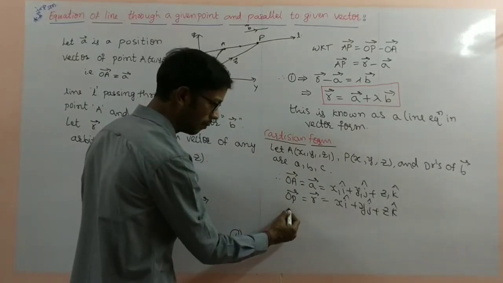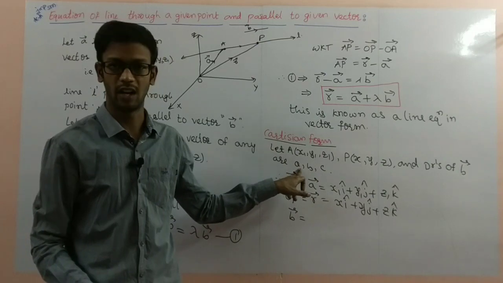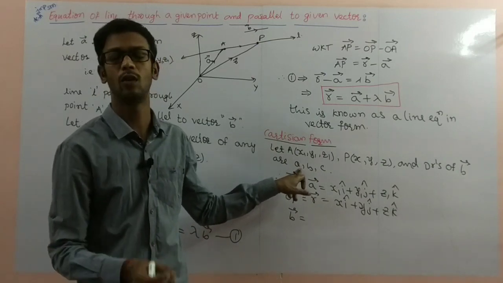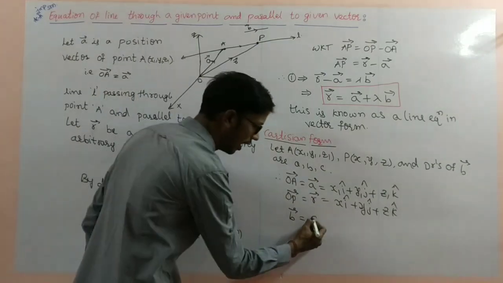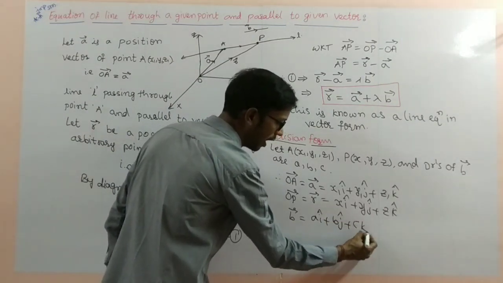Next, vector B bar, from the direction ratios, in component form we can write a i cap plus b j cap plus c k cap.